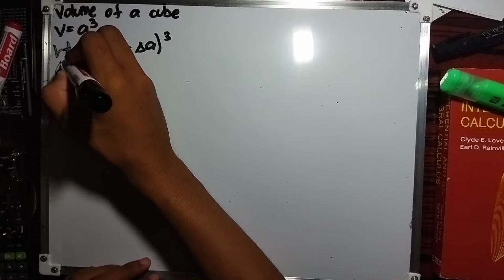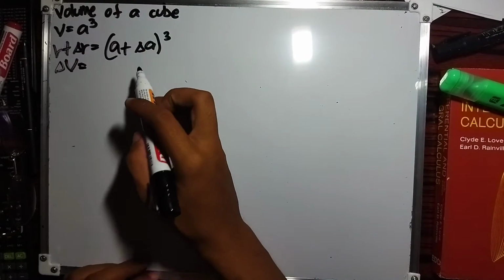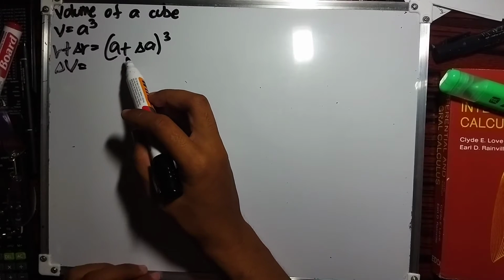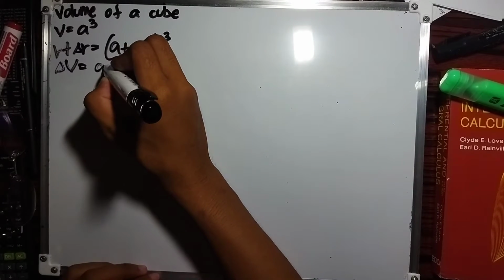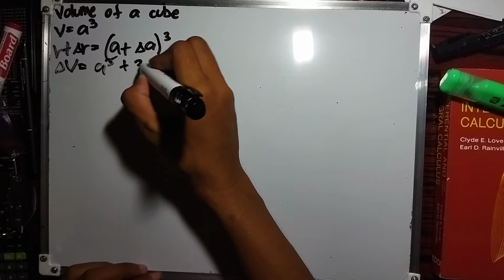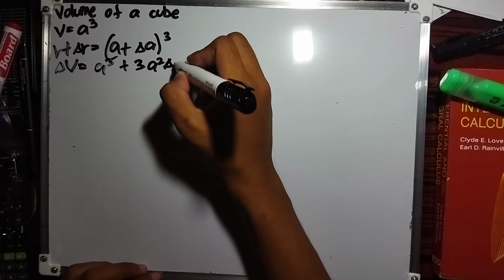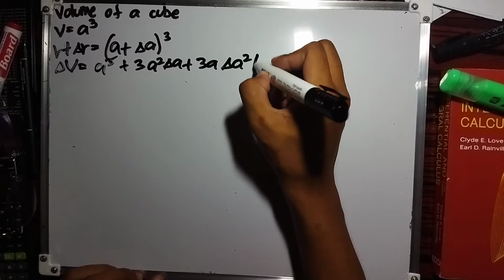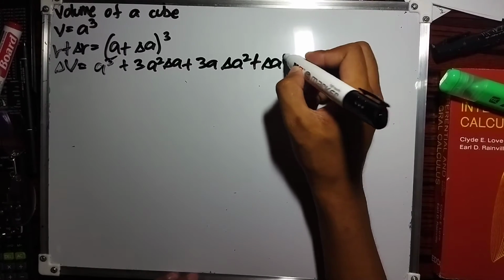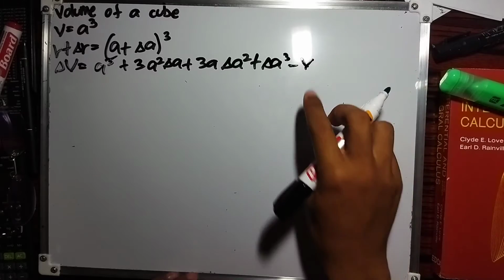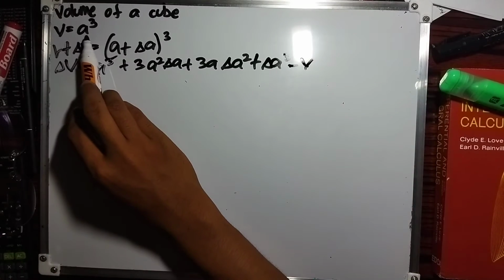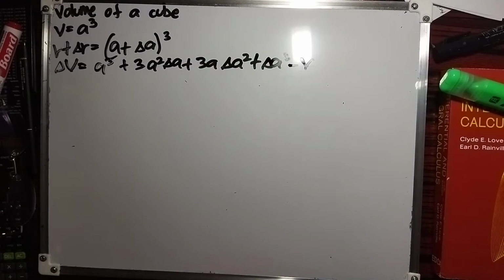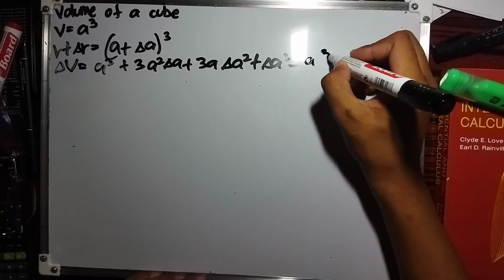So delta V is equal to the Pascal's triangle of (a plus delta a) cubed will be a cubed plus 3a squared delta a plus 3a delta a squared plus delta a cubed minus V, and our V here is a cubed. So let's substitute it first, a cubed.